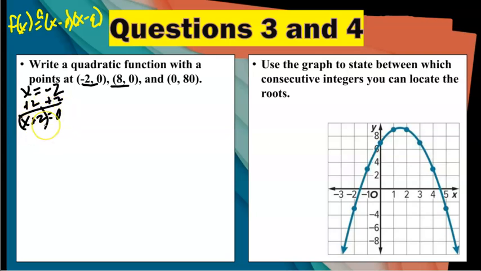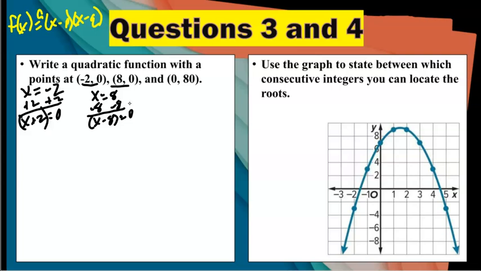So this is one of my binomials. And if I have an 8 here, that means I have x equaling a positive 8. To make that equal to 0, I'm going to subtract 8 on both sides, and we would have x minus 8 equaling 0. So I know that my equation is going to have an x plus 2 and an x minus 8.